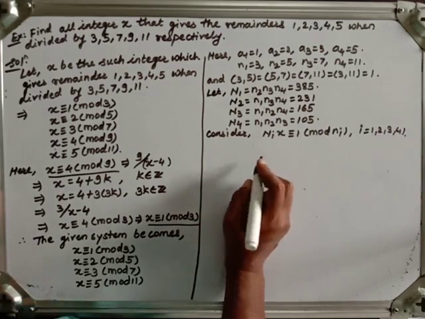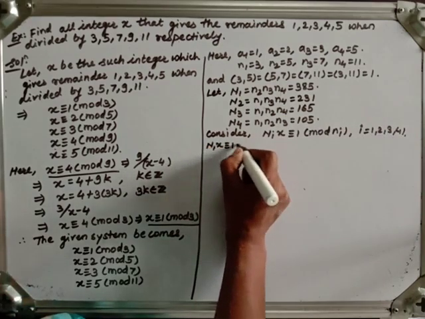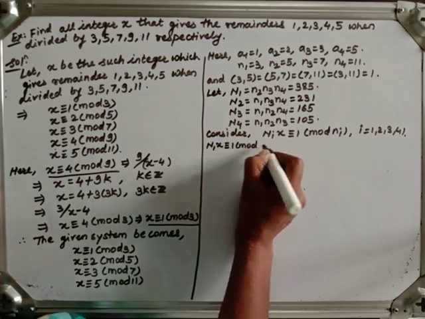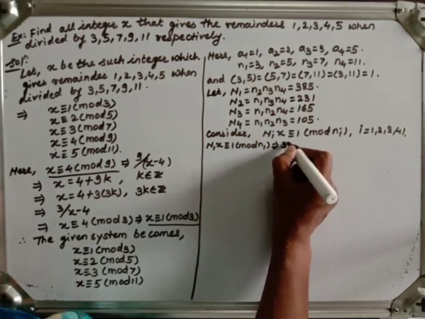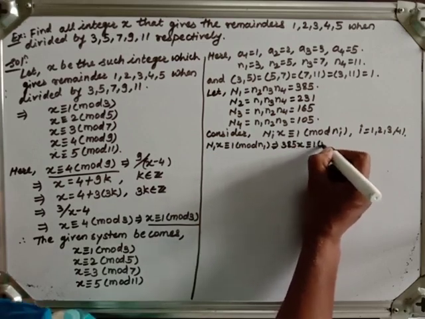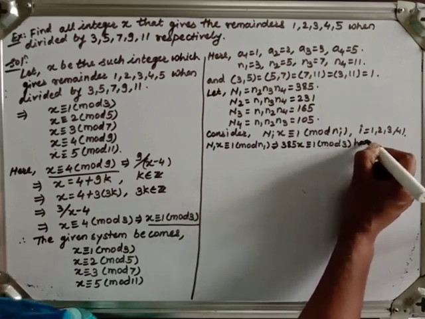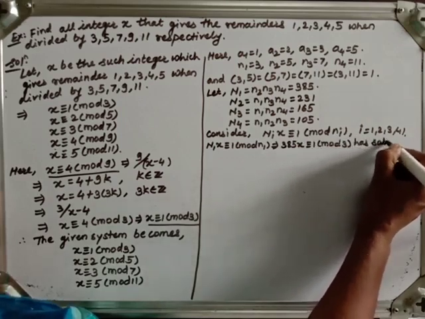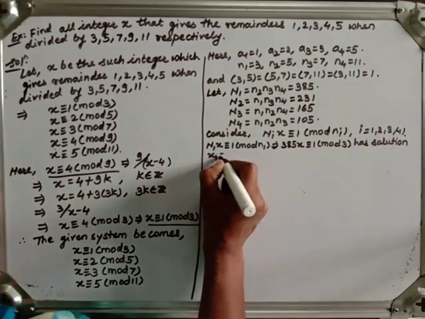So N1 x congruent to 1 modulo n1 gives 385x congruent to 1 modulo 3 has solution x1 equal to 1.